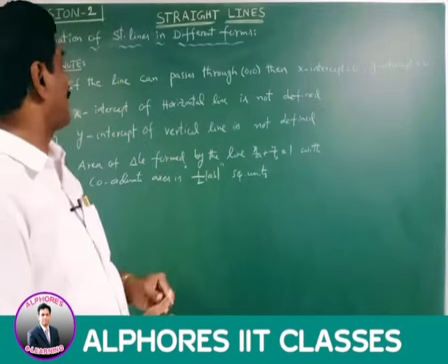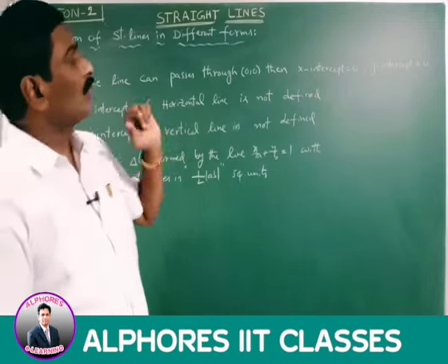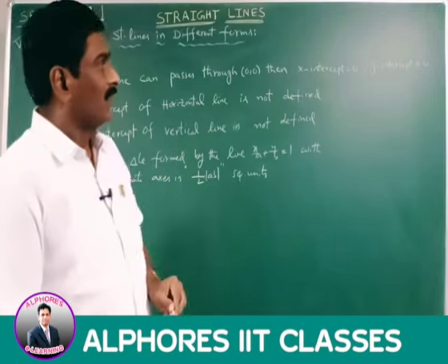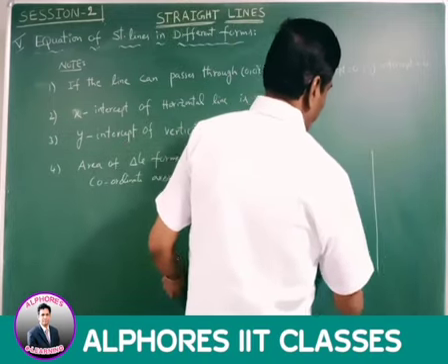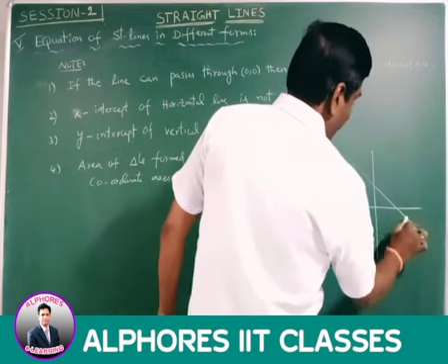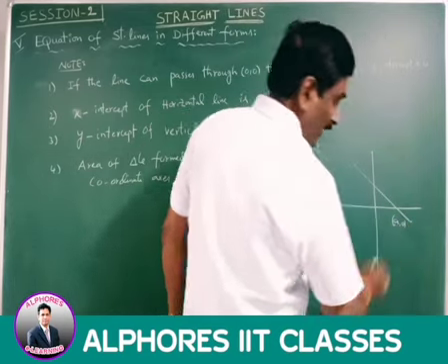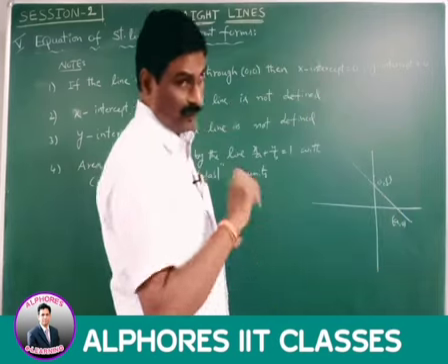Please write the note points. If the line passes through 0 comma 0, then what is the x-intercept and what is the y-intercept? If the line cuts the x-axis at a comma 0, then a is said to be x-intercept. Cuts the y-axis at 0 comma b, then b is said to be y-intercept.